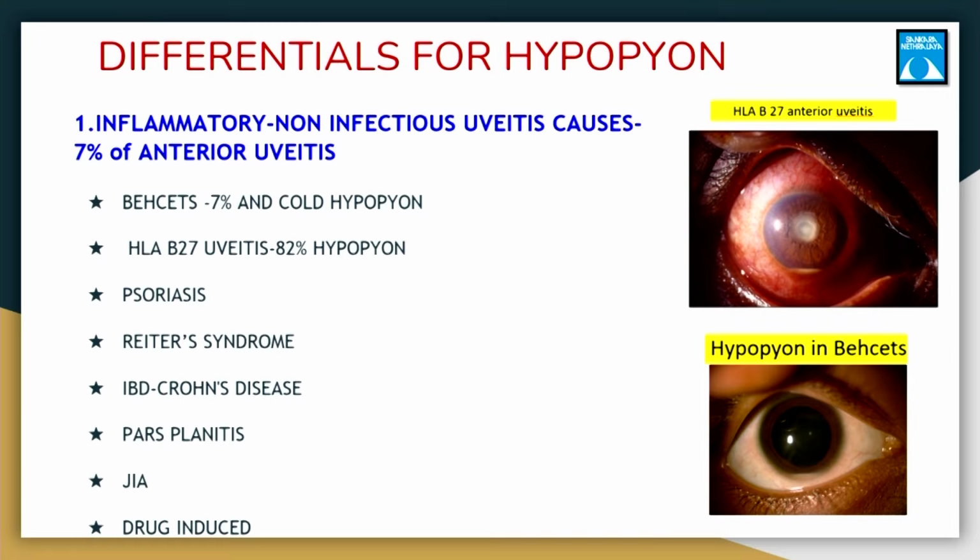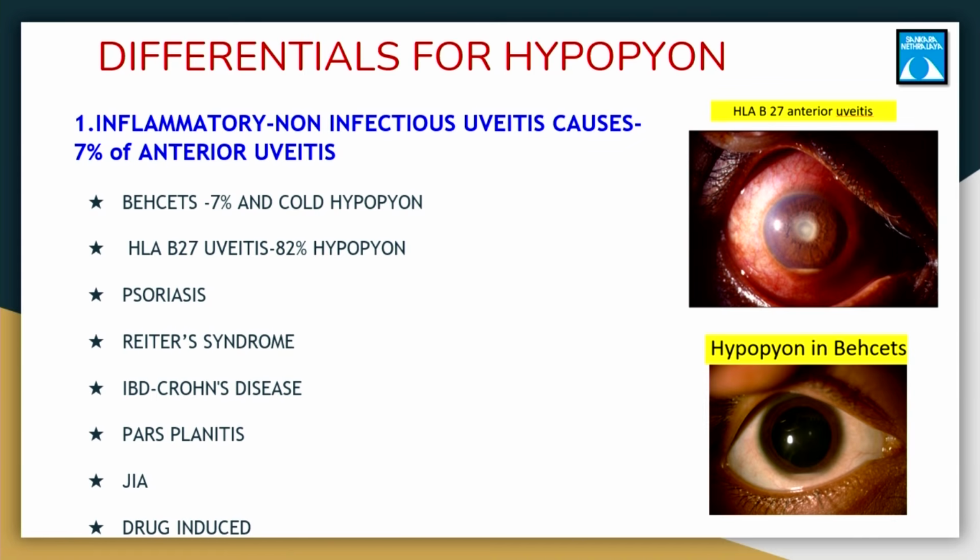All right, go ahead. So the differentials for a hypopyon can be broadly classified into inflammatory, infective, and infiltrative. Inflammatory causes of hypopyon include Behçet's disease, HLA-B27 uveitis, psoriasis, Reiter syndrome, inflammatory bowel disease like Crohn's, while pars planitis and juvenile idiopathic arthritis are relatively rare causes.